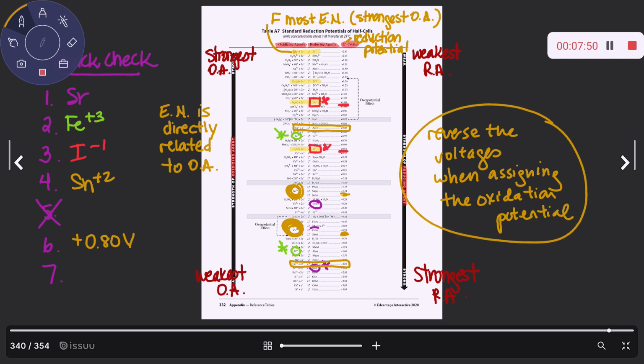Okay, so you would want to reverse the voltage for the calcium metal, which would be what? Yeah, positive 2.87 volts. Okay, are we good with that?